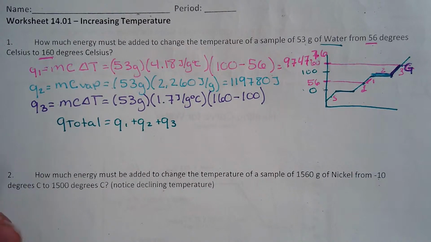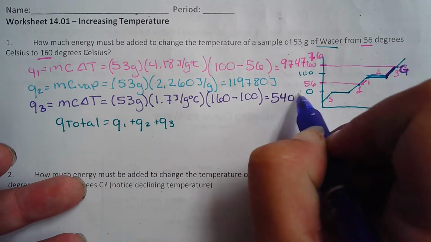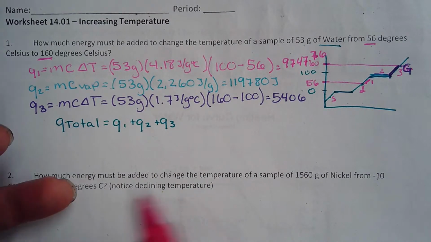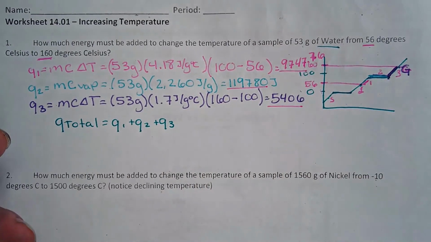and Q3 is 53 times 1.7 times 60, which gives you 5,406. We're going to add those three things together. Add this plus this plus this.